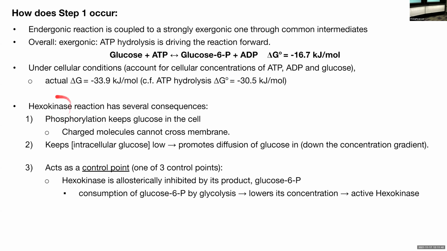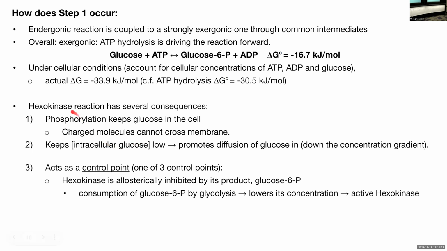When you look at hexokinase, it phosphorylates the glucose, generating glucose 6-phosphate. That means the glucose will now be charged with a phosphate, negatively charged, and these charged molecules will not be able to cross the plasma membrane. So it'll just stay there. This is important to keep the glucose, which is the energy source, inside the cell.